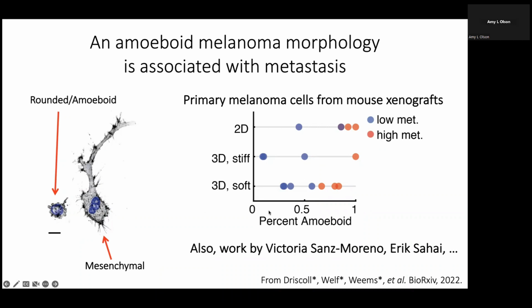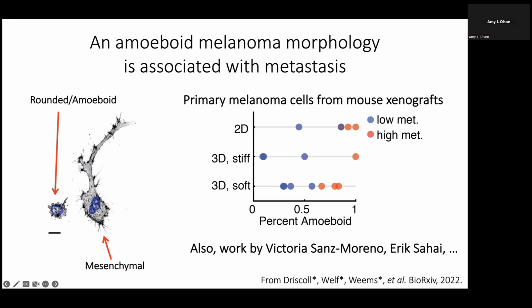There's work in the literature from various groups, and we measured this again by putting melanoma cells from patients in a variety of artificial environments, and we found that across multiple artificial environments, the cells from more metastatic tumors tended to adopt this rounded form.